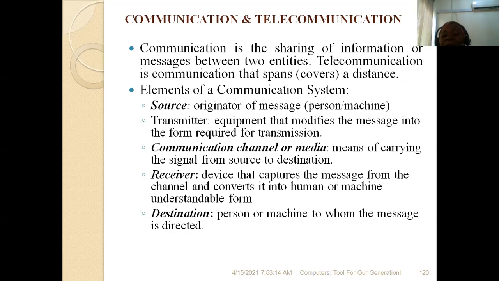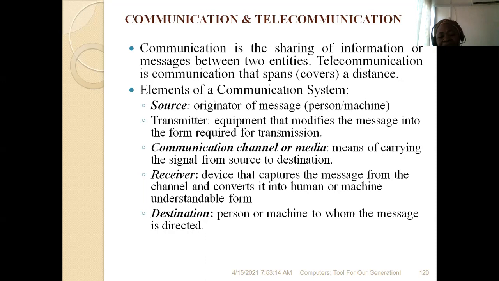The equipment that takes the message and modifies it into the form required for transmission is the transmitter. So in this example, I am the originator of the message, I'm the source, and my laptop is the transmitter, okay? The internet, the network, is the communication channel.